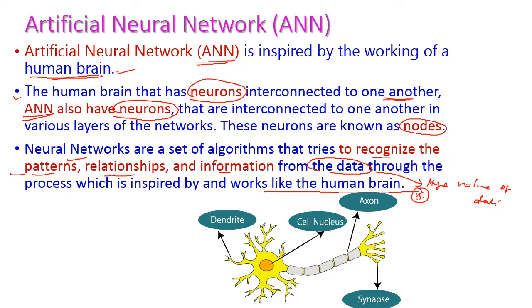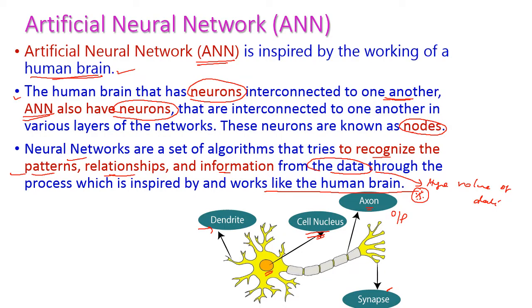This has the dendrite. The dendrite will accept the information from another neuron, and this is the cell nucleus. All the computations will be done in this cell nucleus, and the axon is the output information that is coming from this cell nucleus, and this is the synapse.